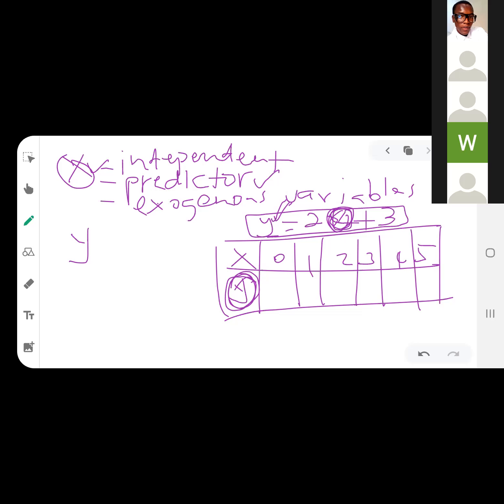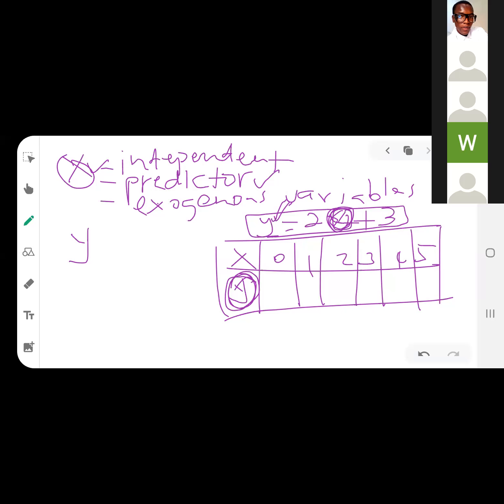And then I also gave another example, you are in a room now. I used the wall and the floor. We said your floor, because it's on a horizontal plane, was regarded as an independent variable, because for us to end up having a wall standing upright like that, the one you are looking at now, we must first have the floor.